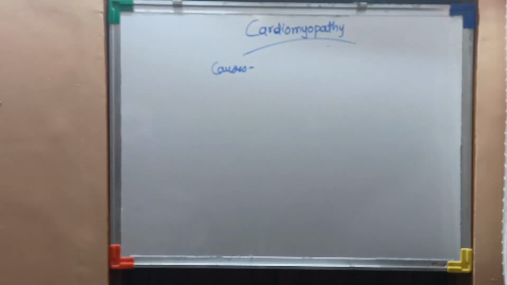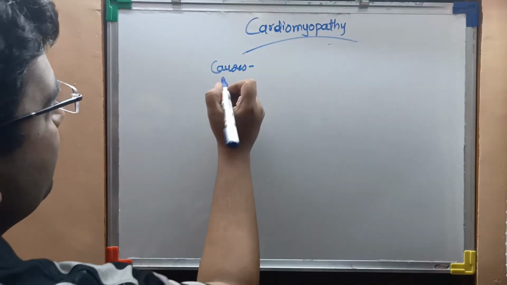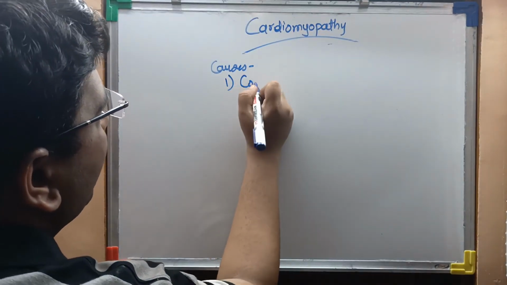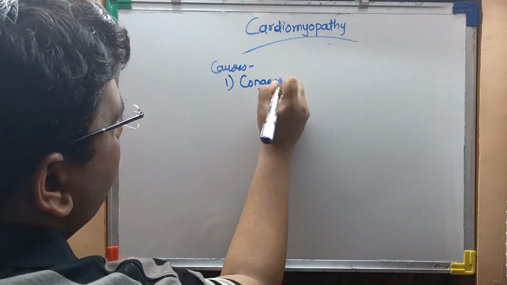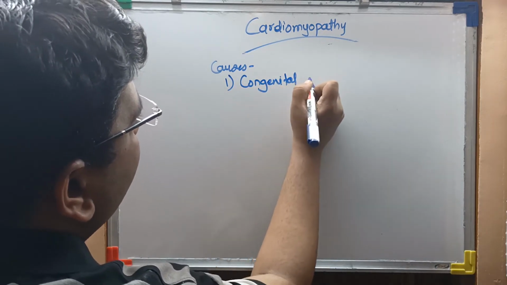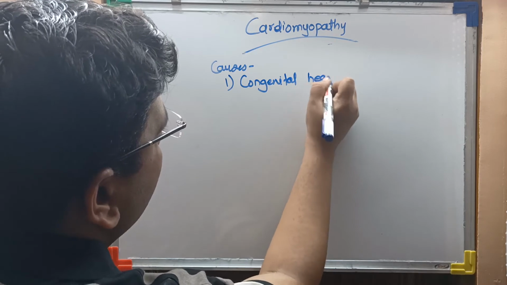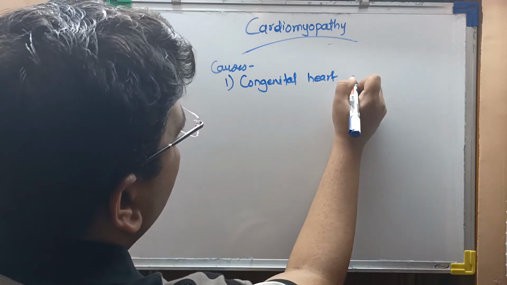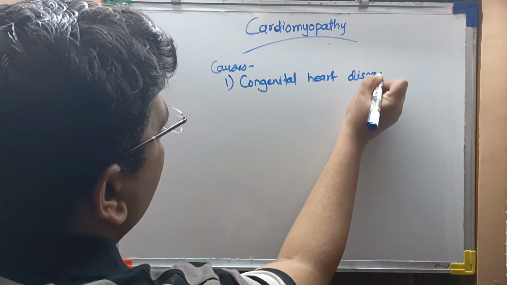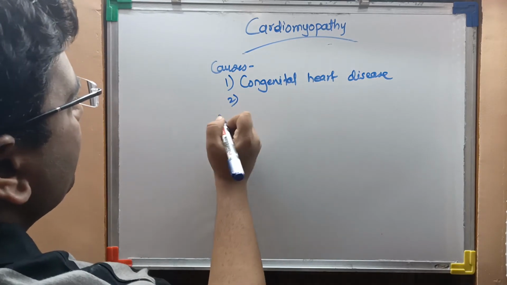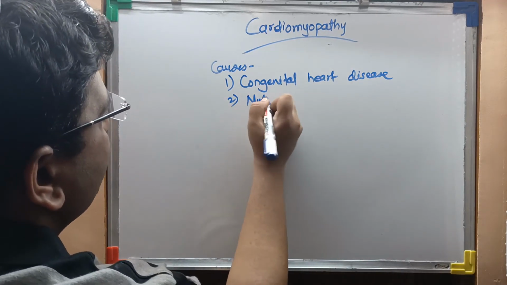Now we will focus on the causes of cardiomyopathy. The first one is congenital heart disease. The heart disease which is present from birth can cause cardiomyopathy. The second one is nutritional deficiencies.